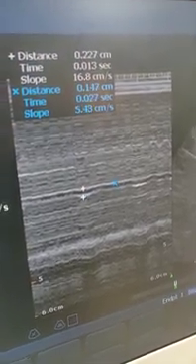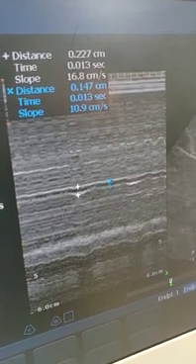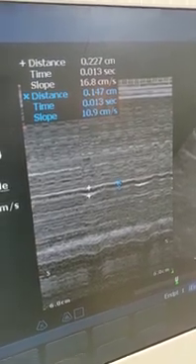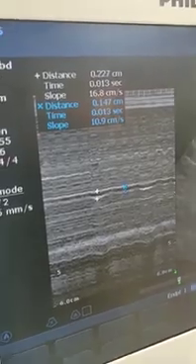Okay, now there is a calculation for demonstrating distensibility index of inferior vena cava.